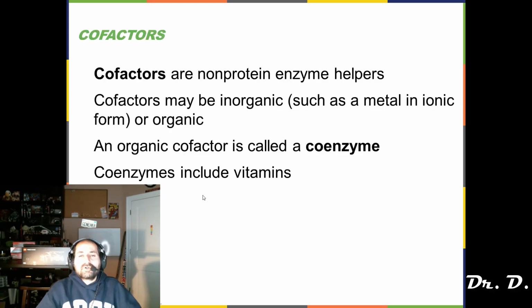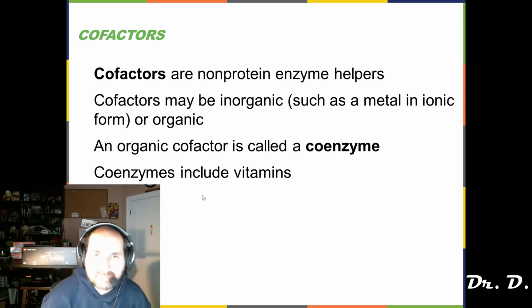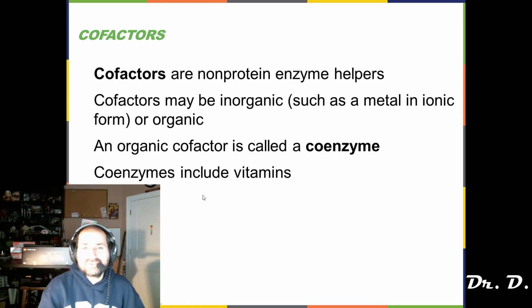So have you ever heard of getting your vitamins and minerals, or this breakfast is a good source of vitamins and minerals? And, you know, in general, since you were a child, you focused on getting the right vitamins and minerals in your diet. Well, you ever wondered why those things are important? Now you know. Vitamins and minerals are important cofactors and coenzymes for different proteins and enzymes inside of your body.